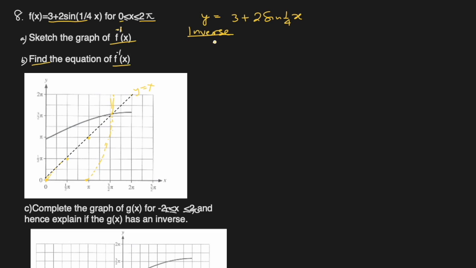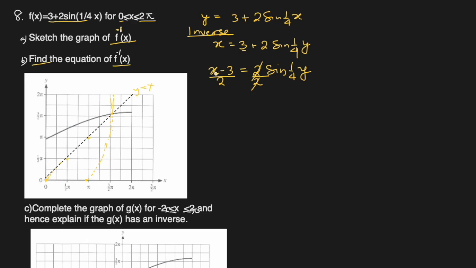I'll replace y with x and x with y. 3 plus 2 sine 1/4 y, and now my target will be to isolate this y so that I get a new function. So first I'll remove this 3 so that it becomes x minus 3 on the left, and we are left with 2 sine 1/4 y. Now I have to remove this 2, so I'll divide here by 2 and divide this whole also by 2.